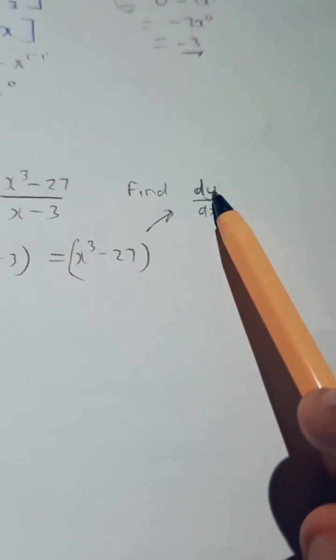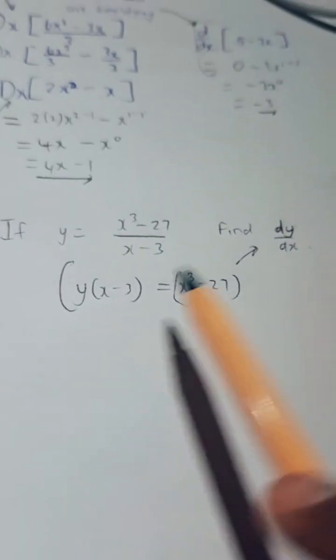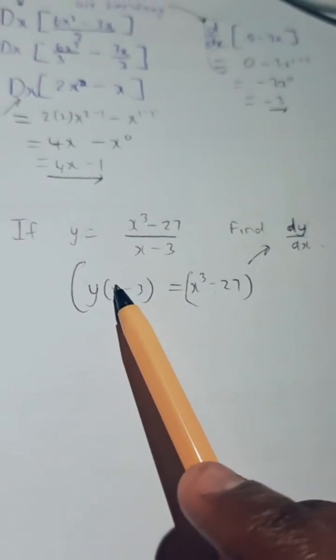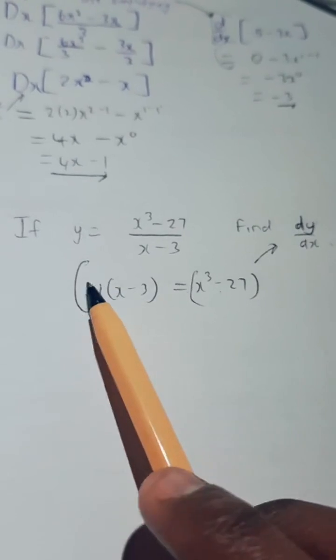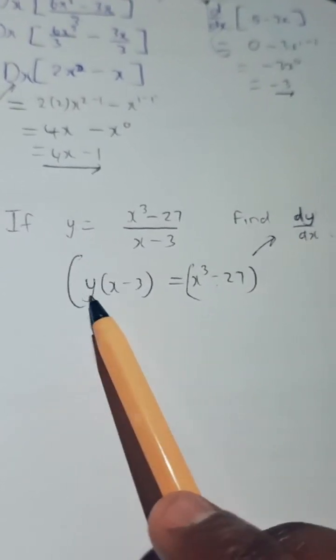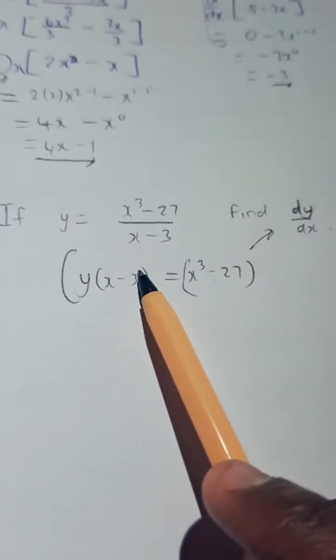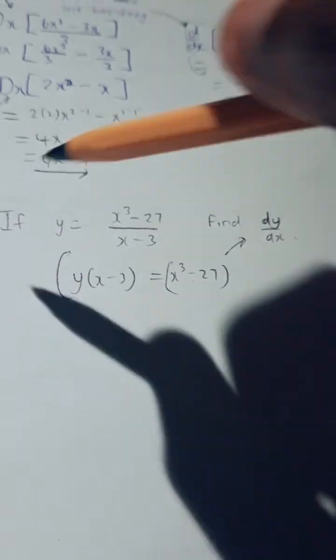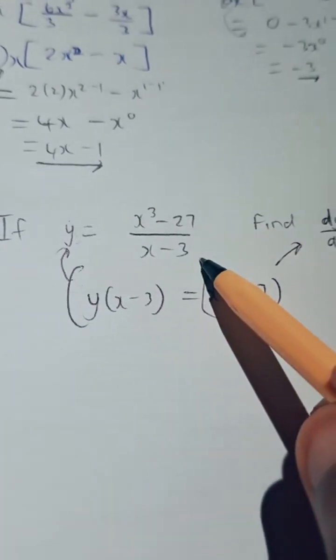So if the equation was given to us like this, it's a matter of isolating the y. So we divide by x minus 3 on both sides. The x minus 3 will cancel that x minus 3, and then we are left with y is equal to x cubed minus 27 over x minus 3.